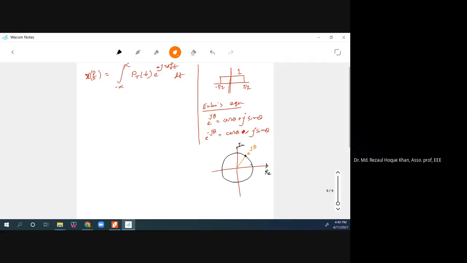This amount is cos theta, because this is theta, and this amount is sin theta. So e to the power j theta will be cos theta plus j sin theta.